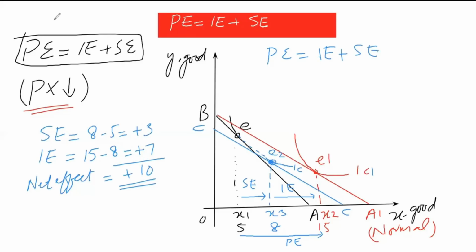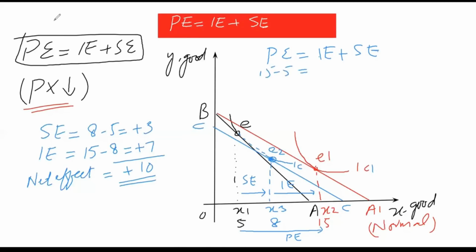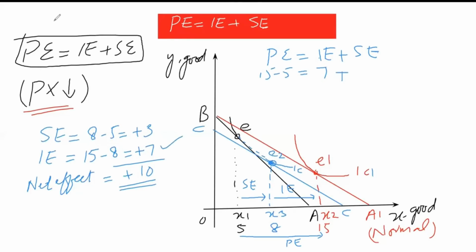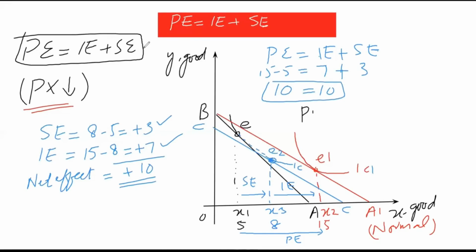The income effect is 15 minus 8, that is plus 7, and the substitution effect is 8 minus 5, which is 3. Now 15 minus 5 is equal to 10, and 7 plus 3 is also 10. So this proves that price effect is equal to income effect plus substitution effect.